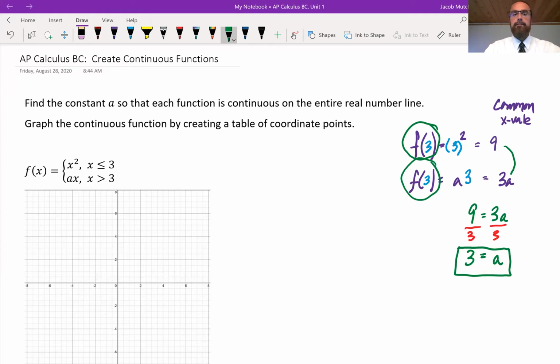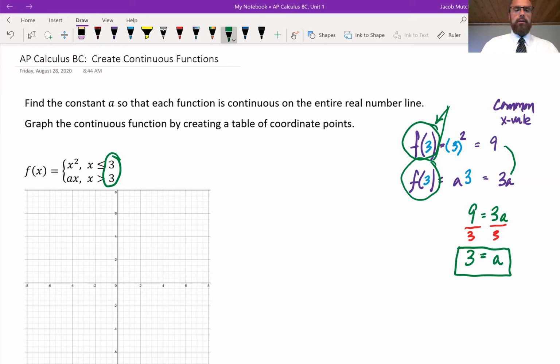I want to find the constant a so that the function is continuous on the entire real number line. And just to recap, the way that we did that was we took the common x value, substituted it into both functions, and then once I evaluated, those are y values because they're outputs, set those equal and solve for a.